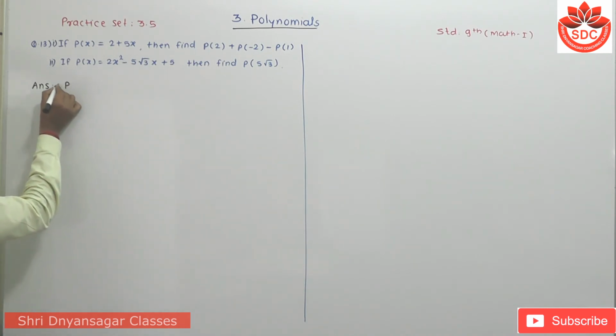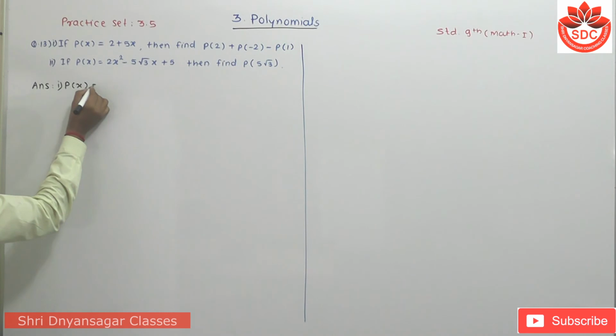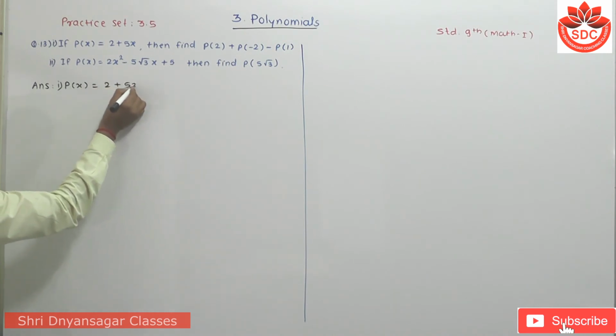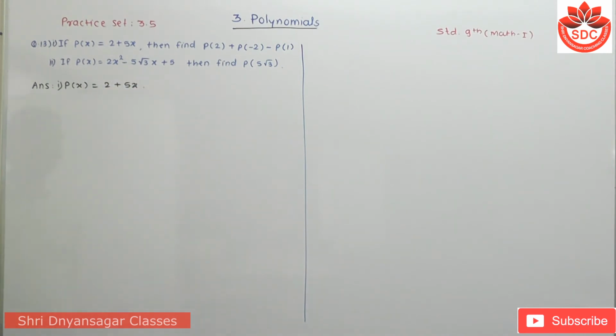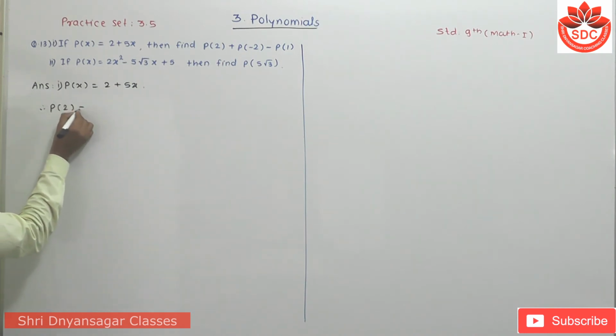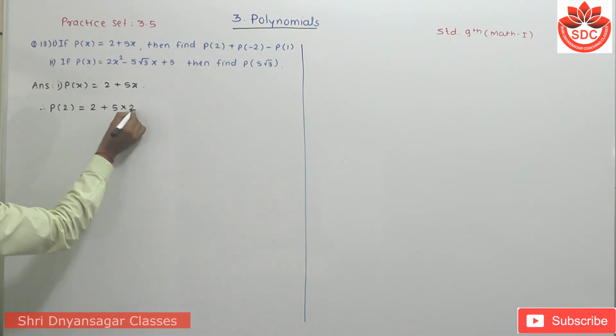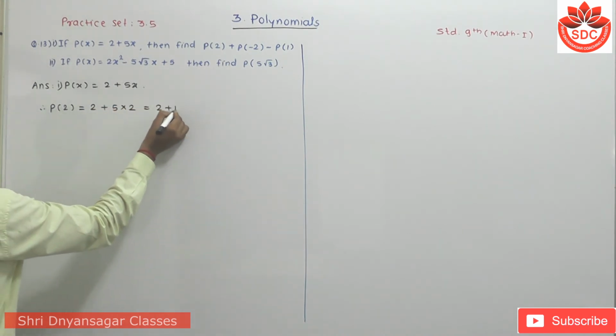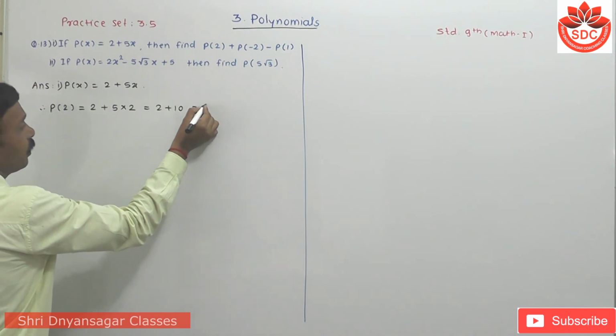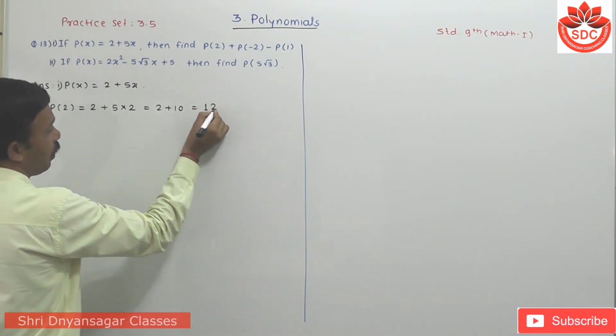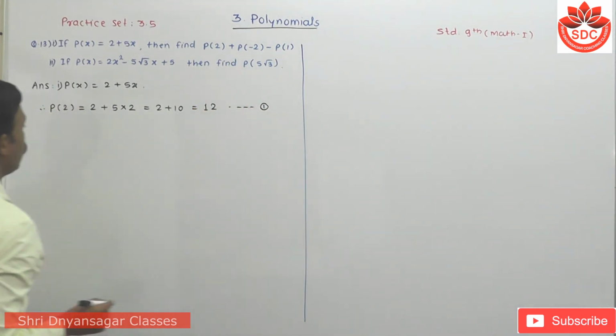First, p of x is equal to 2 plus 5x. This is a polynomial. First I have to find the value of p of 2. Substitute the value of x as 2, that means 2 plus 5 into 2 is equal to 2 plus 10 is equal to how much? 12. Suppose that this is equation number first.